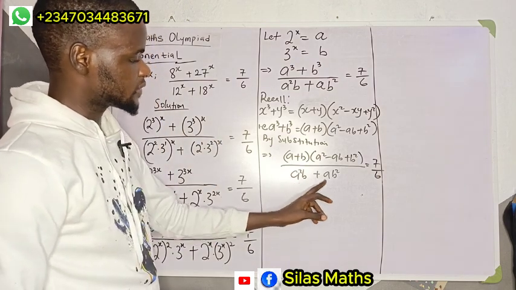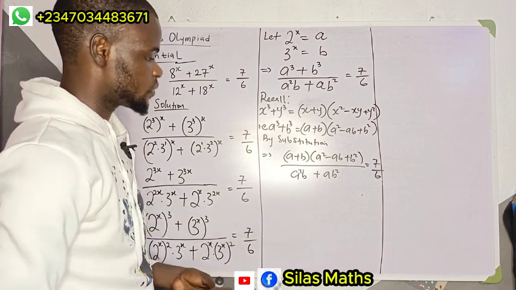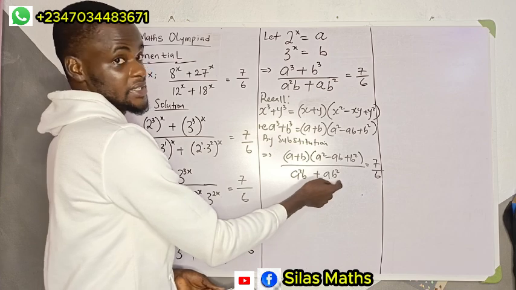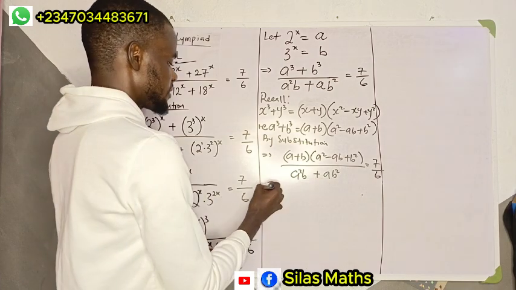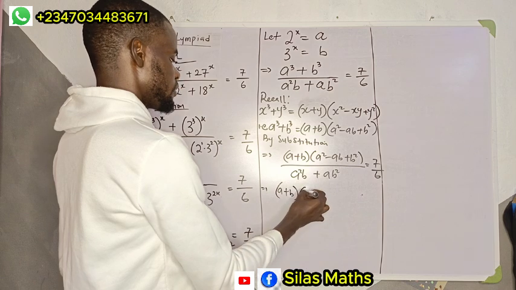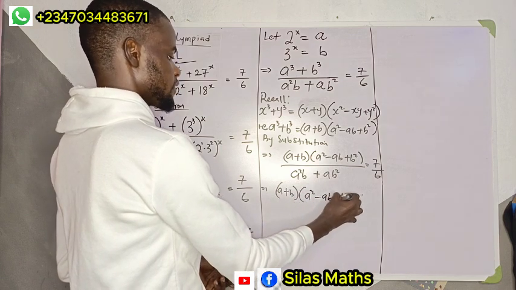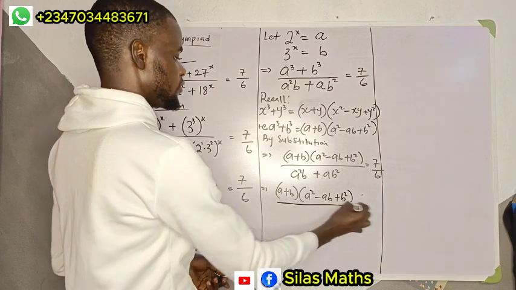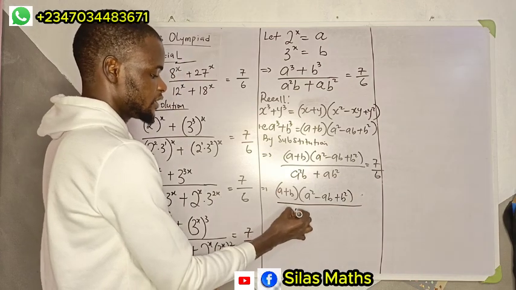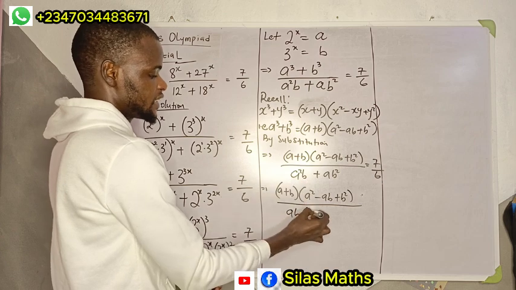Yes, now let's observe this equation here. We can factor out something here. Something is common to this and this, and that is what? ab is here and ab is here. So factoring that out, I'm going to have a plus b, a square minus ab plus b square, all over ab factored out. If I take away ab here, what will be left here is a.